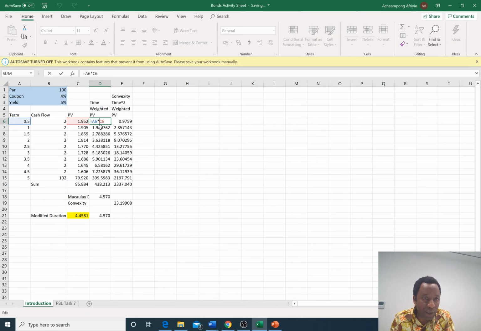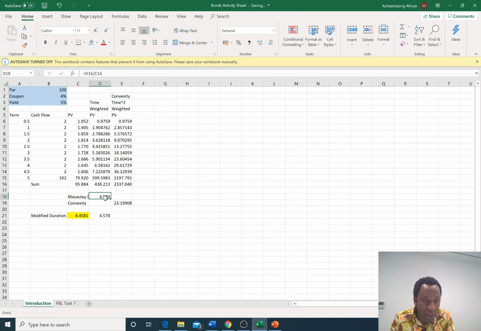Okay, so when we do that, as we can see all the way to the end, we keep multiplying the cash flow by the time and we sum them up. We have the sum of the time weighted present values.